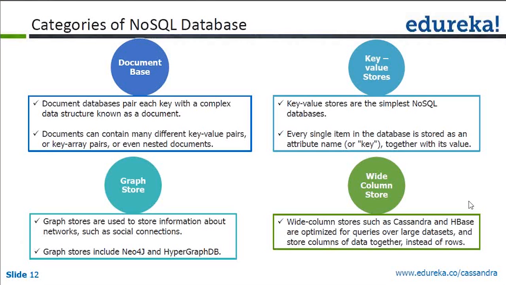That is where a graph database is used. Those are the use cases where graph stores are used. And then the fourth one is the column store, where data is stored in the form of columns. So Cassandra basically is a column store, and MongoDB is a document store.